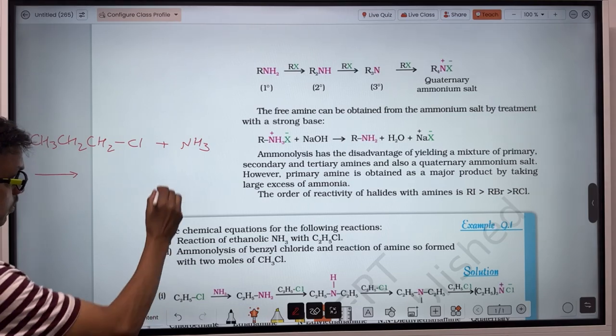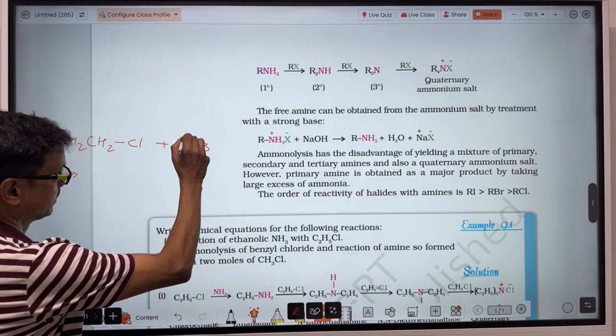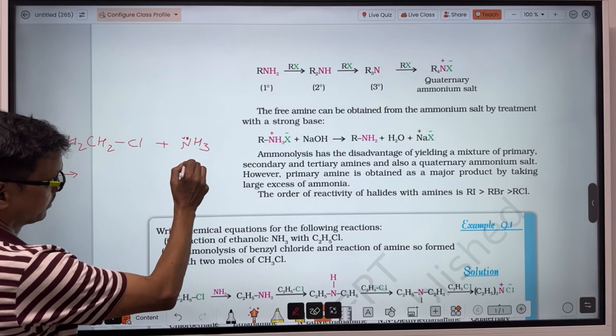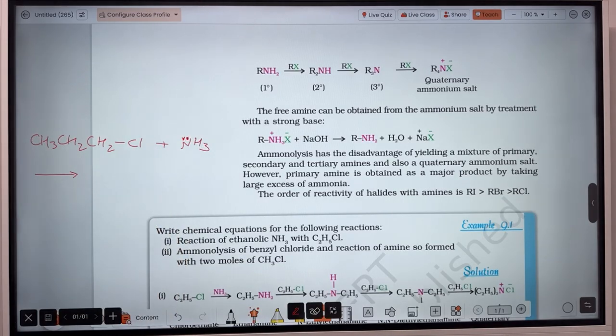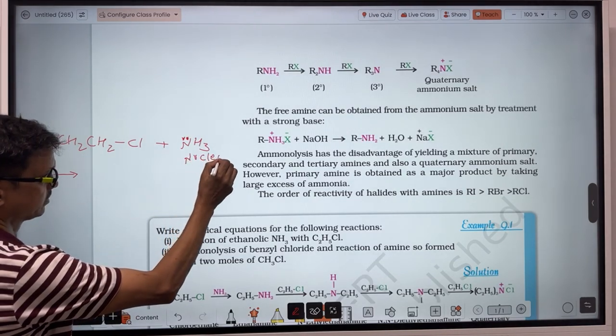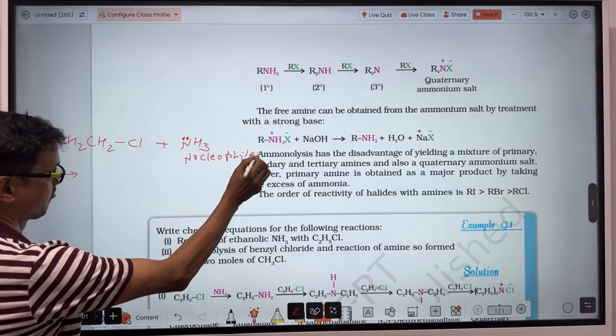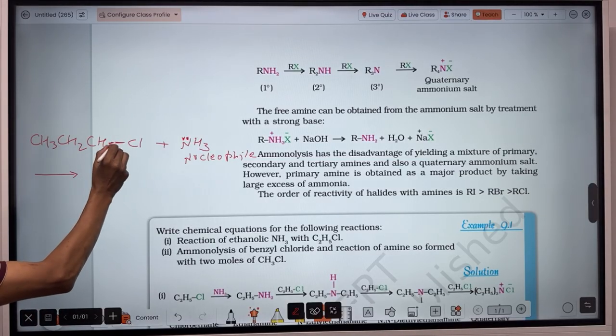So here there is a lone pair of electrons at the nitrogen. So ammonia will act as the nucleophile, because it will attract towards the positive side. The halogen, this chlorine, will attract the shared pair of electrons towards itself.